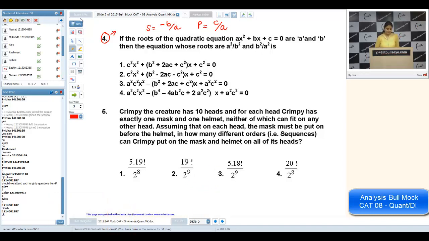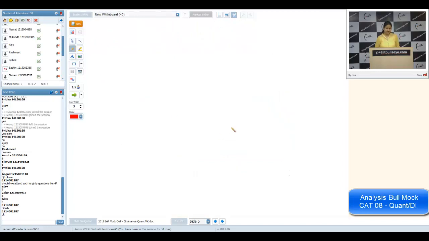Okay, now question number 5. Before explaining question number 5, let me take a smaller version of that. Suppose we have 10 candidates. We want to arrange them in a line, left to right.